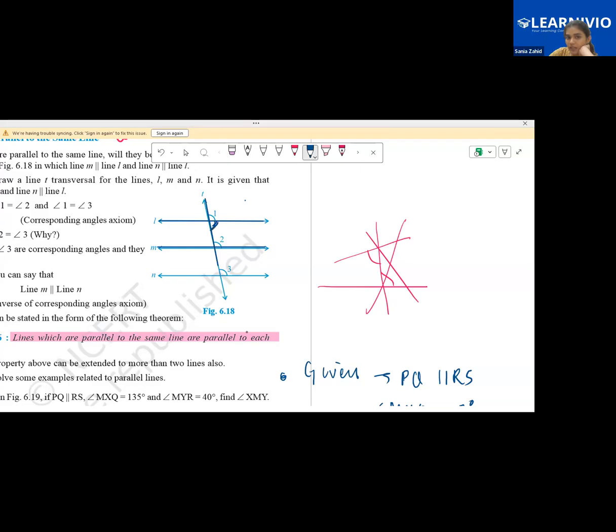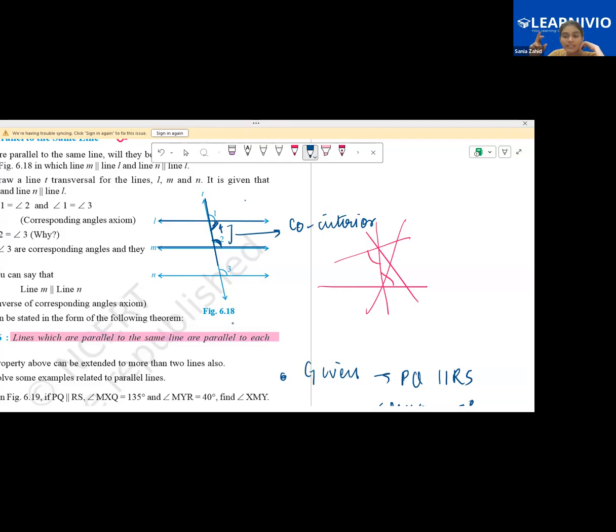So this angle and this angle are lying on the interior part of only one side of the transversal of the parallel lines. So they are called co-interior angles. Let's call this angle 4. So angle 4 and angle 2 are co-interior. What is the property of co-interior angles? That their sum is 180. They are same as a linear pair. Like linear pair sum is 180, so co-interior sum is 180.